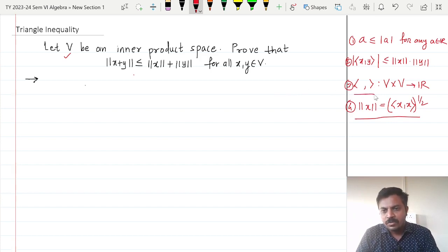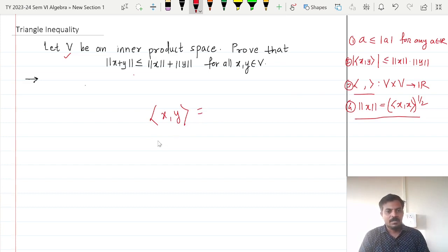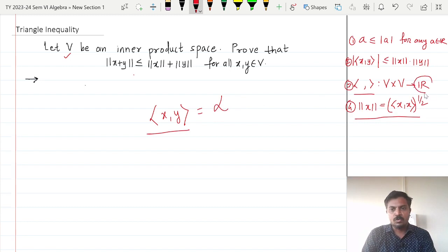Secondly, we should know that finding the inner product of two vectors gives us a real number. Remember, the codomain of the function is the real numbers. So inner product of any two vectors is nothing but a real number.